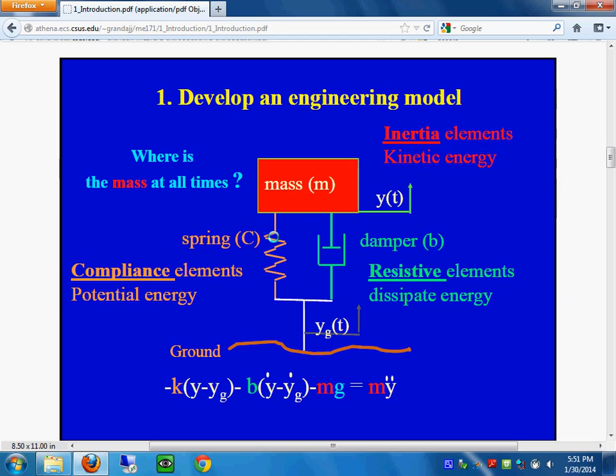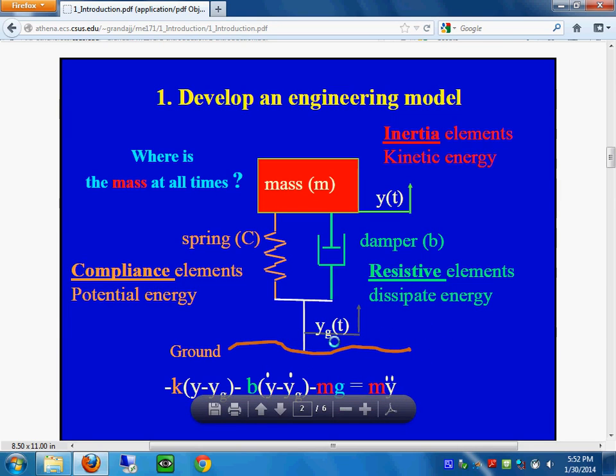This one stores kinetic energy, the mass will store kinetic energy. The ground is also another element of the system, and in this case it's an element that actually provides an input to it.